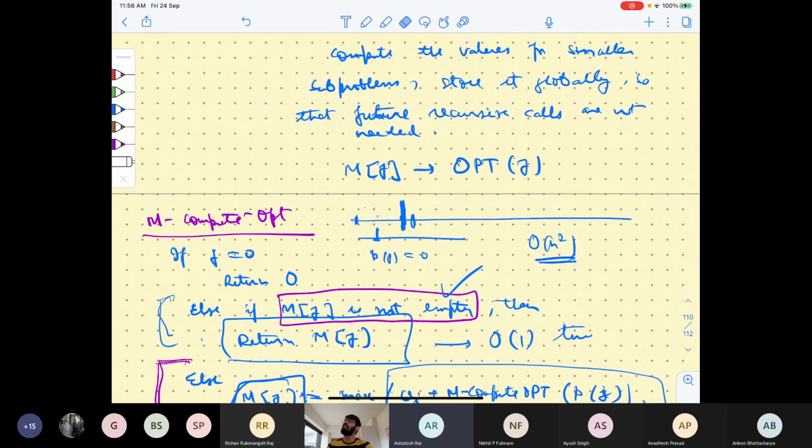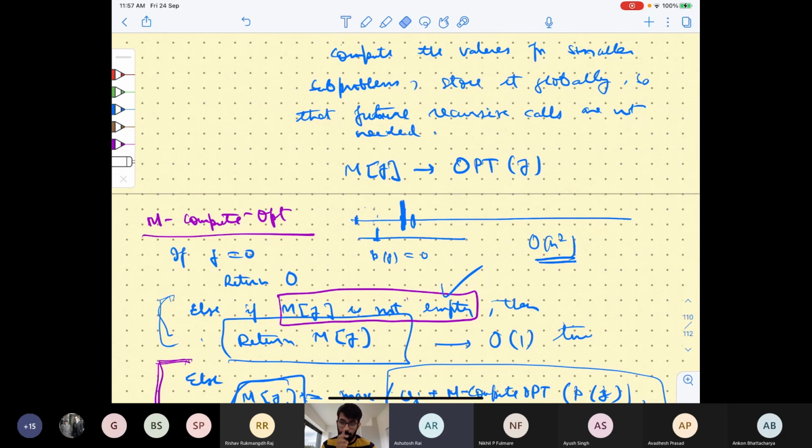If we have both the sorted arrays, Si and Fi, then I think we can find it in linear time, but I'll have to think about it. Right now I did not really think about how we can compute it, because this is not going to be exponential, definitely. It is still going to be polynomial.